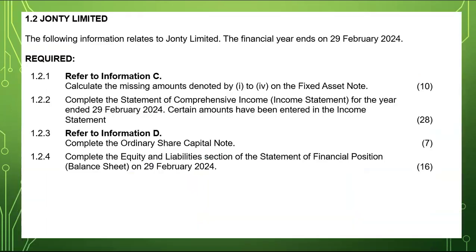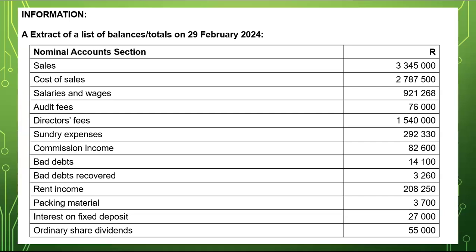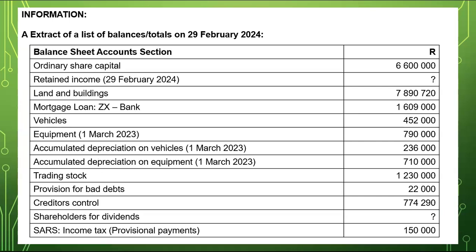In the next video, we will be completing the statement of comprehensive income, which is your income statement for the year ended 29th of February 2024. Certain amounts have been entered in the income statement. So to prepare the income statement, you clearly need all this information over here. You might need some information from the financial position.